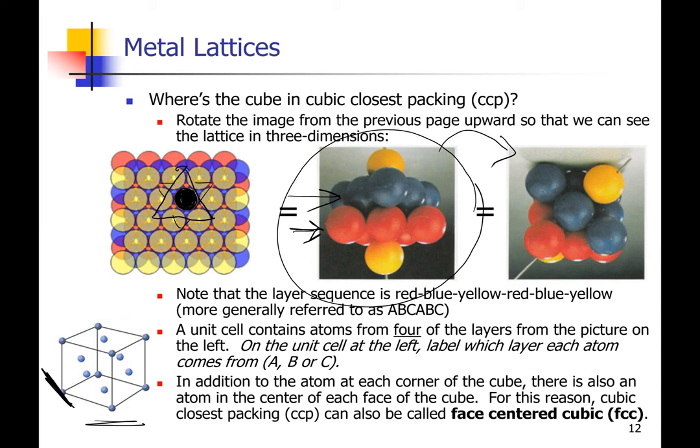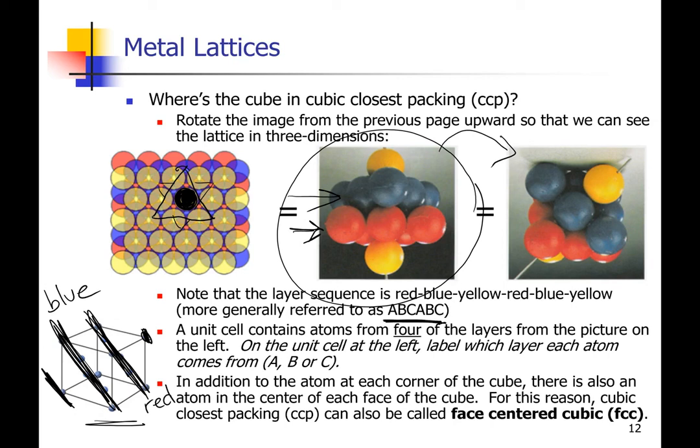Here is your triangle of the 6 red atoms, and then here's your other yellow guy on the corner. And so we have here again the 3 alternating layers, the ABC pattern. And we have a repeating unit cell that is cubic in shape.